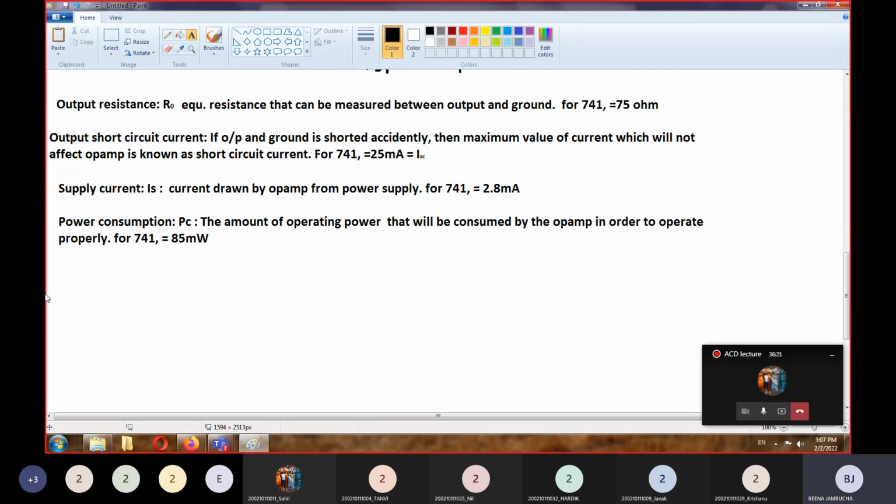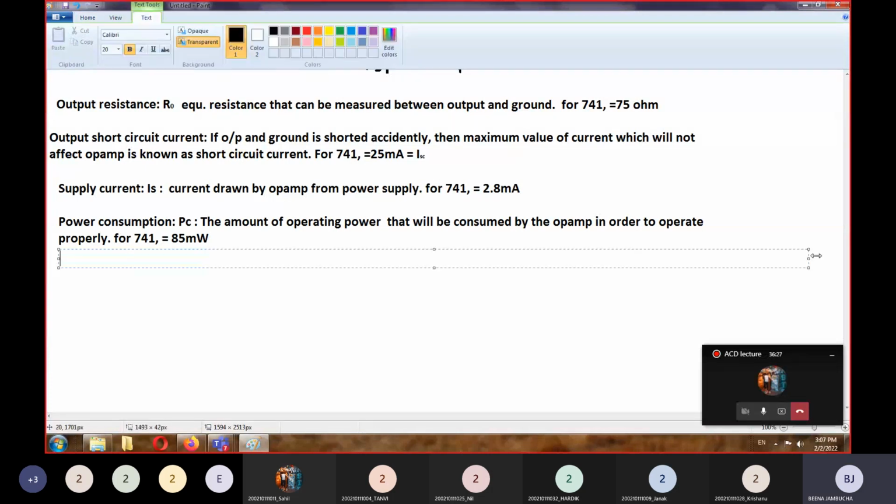And one more, the last ones. Two are left. The first one is slew rate. It is a very important parameter.